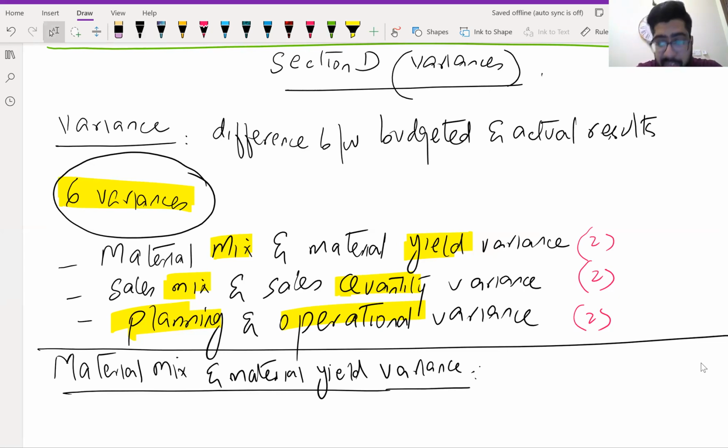So I will give you a format. You need to copy that quickly, and then I can start material mix and material yield variance with you.